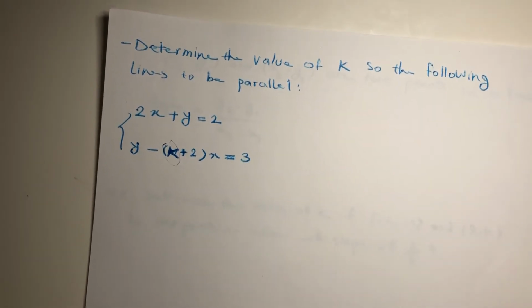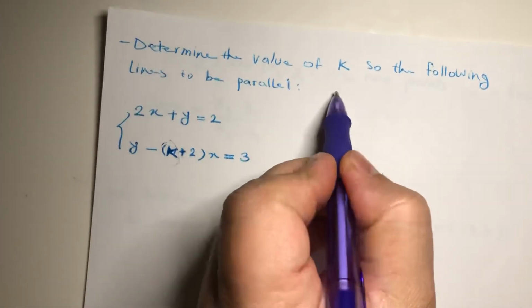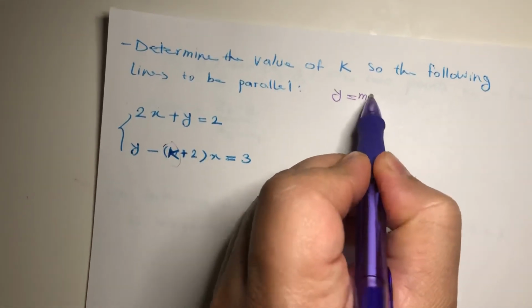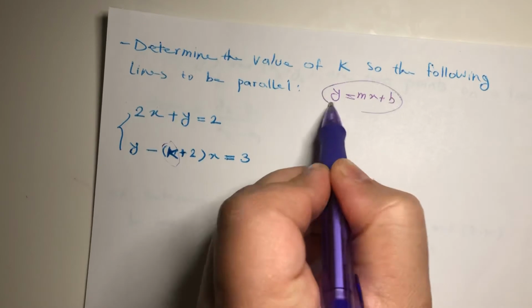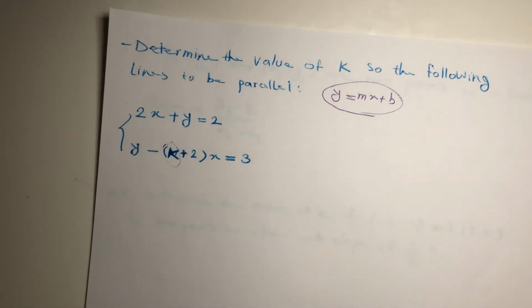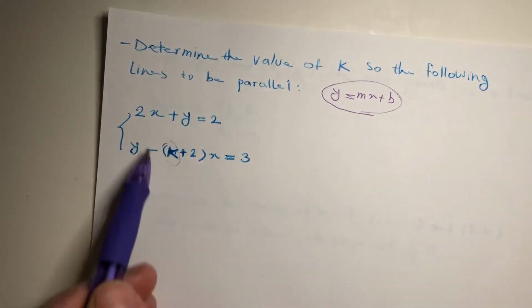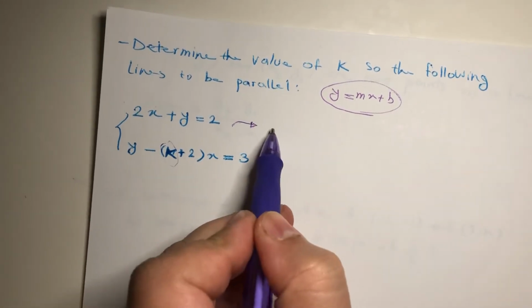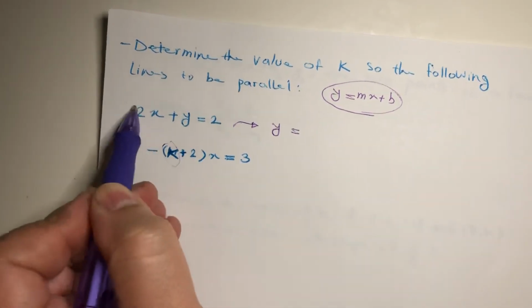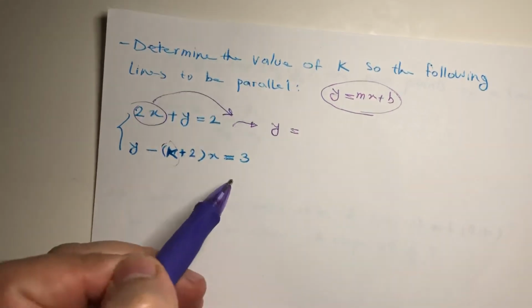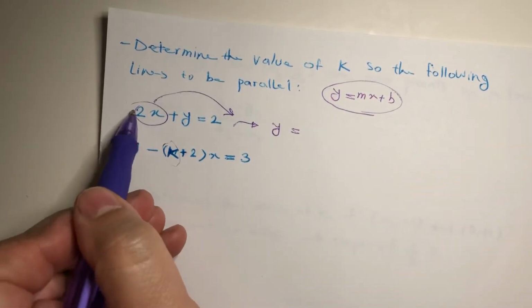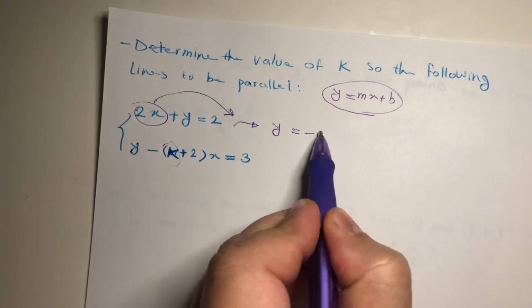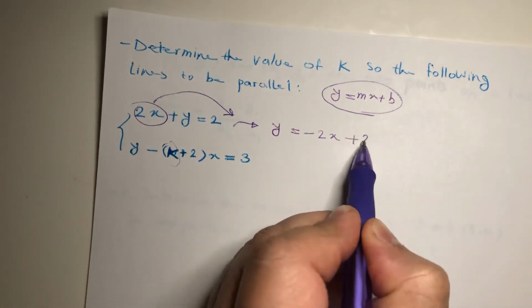What is the standard line equation? Standard line equation is y equals mx plus b. So in other words, we have to find y in terms of x for both of these, right? So for the first one, y equals, we take this to the other side of the equation, so the sign changes, minus 2x plus 2.